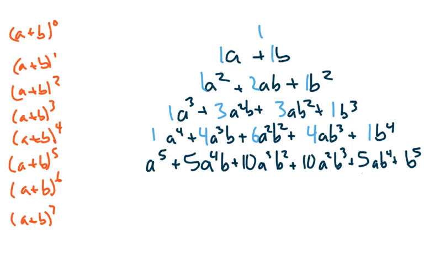If you do this out the long way, if you multiply (a + b) times itself 5 times, yikes, this is the polynomial you should get.